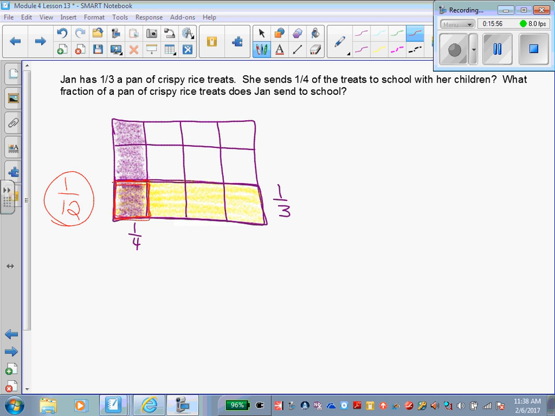What would our number expression look like for this same problem? Gabe. All right, why 1/4 times 1/3?